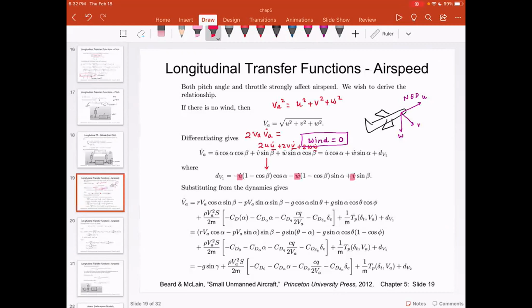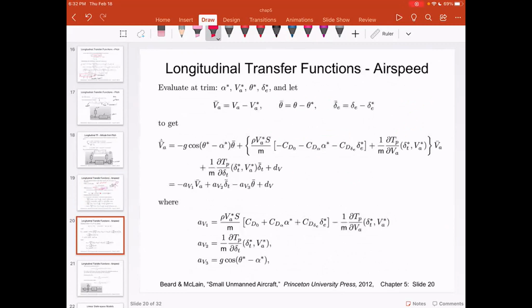Again, don't be scared of these equations. These are the same equations that we used in our project 2 and project 3. But the only thing we are trying to do here is come up with some simplification so that we can use linear control to control this state dynamics.